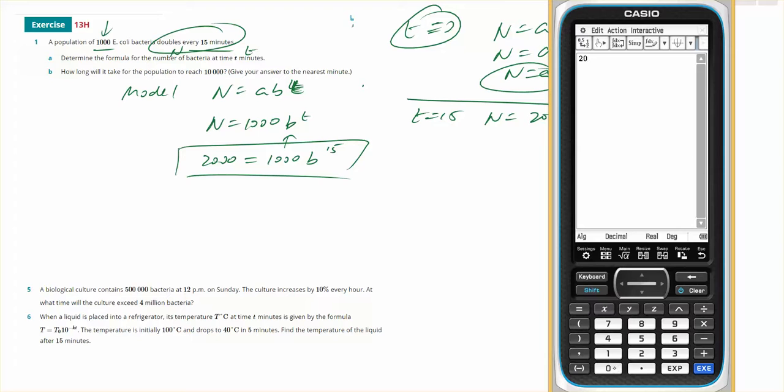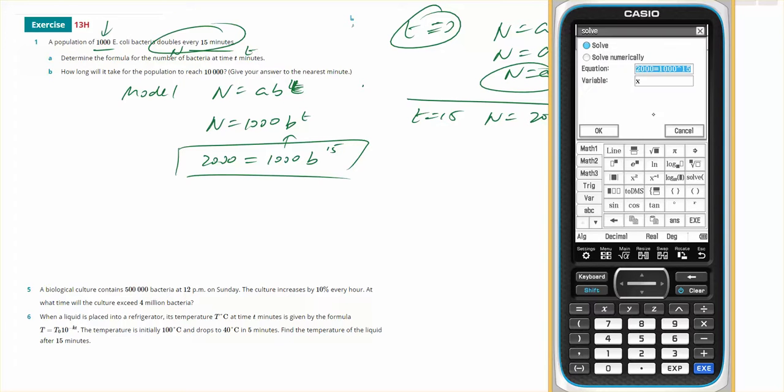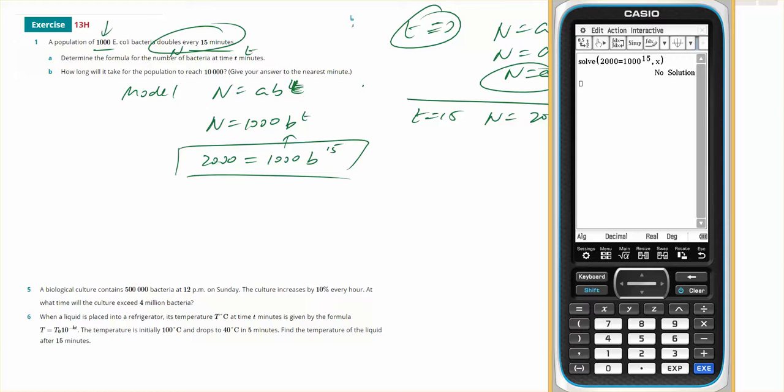So 2,000 equals 1,000 b to the power 15.